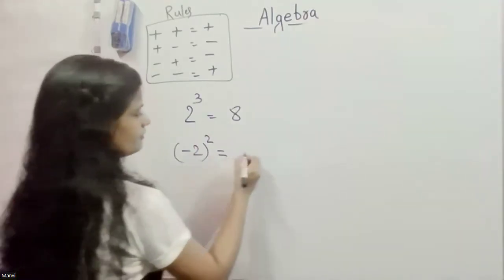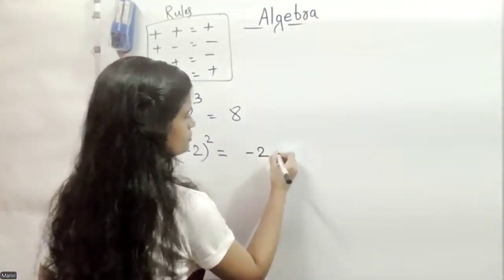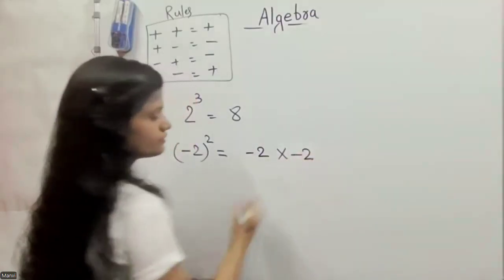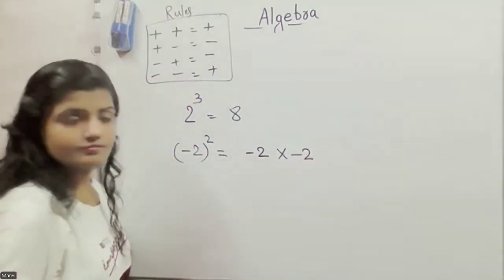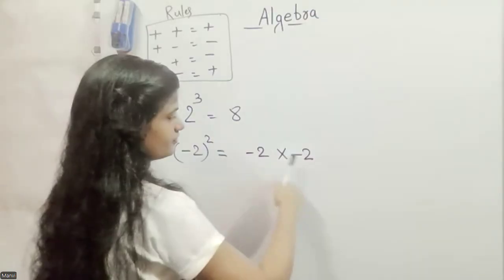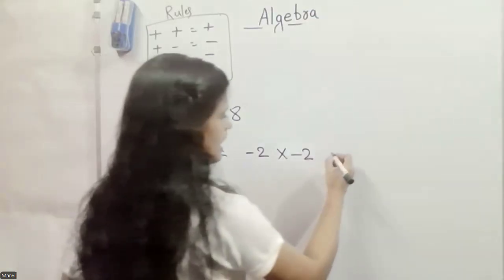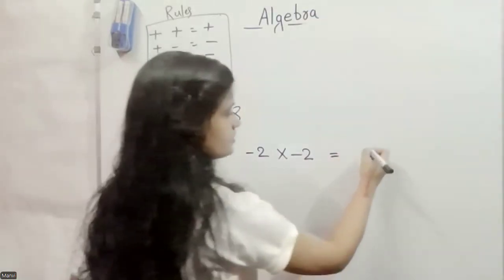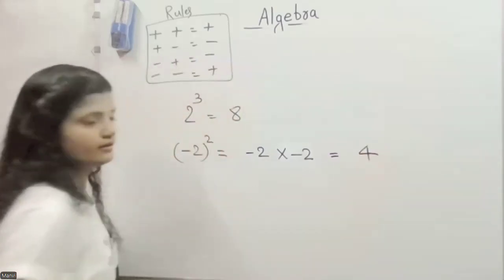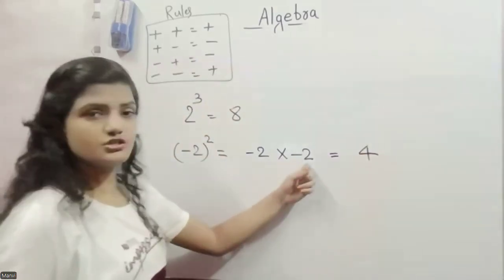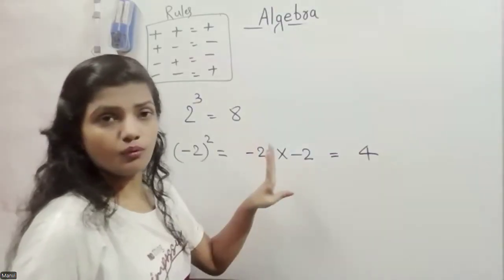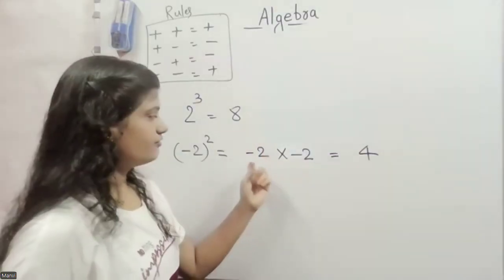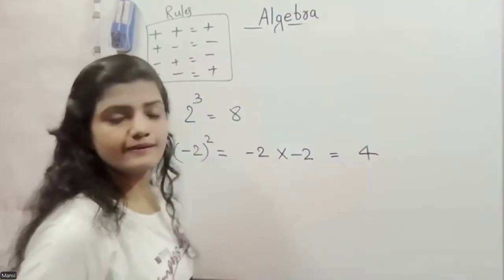This means minus 2 times minus 2, right? And we know that when we have the same sign, our answer must be in plus. You do 2 times 2, which is 4. And when we have the same sign, put the plus sign.